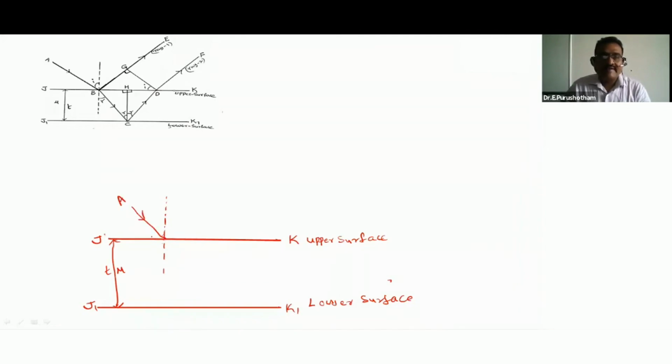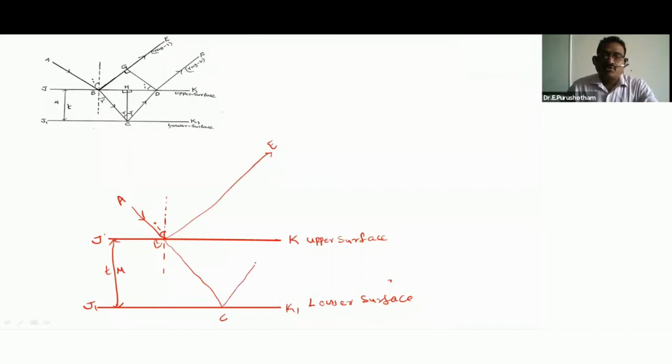AB, monochromatic light, is incident on the upper surface with the incident angle i. Some portion of this light is reflected as BE. The remaining portion of light is transmitted and incident on the lower surface.